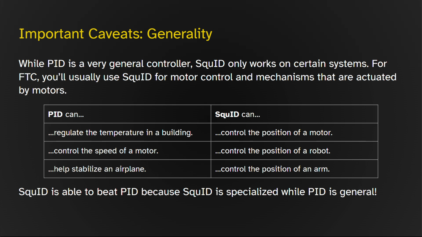But you wouldn't want to use it to regulate the temperature in your house. And this actually gives us a little bit of insight into why SquID is able to beat PID, because PID is such a general controller that it can't be excellent at any one thing. It has to be decent at everything. And SquID instead is targeted. It prioritizes this one action, and that's what makes it able to perform better than PID.